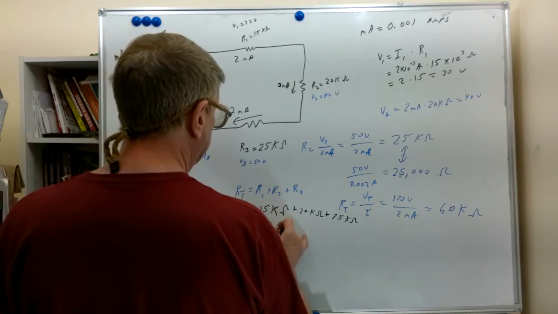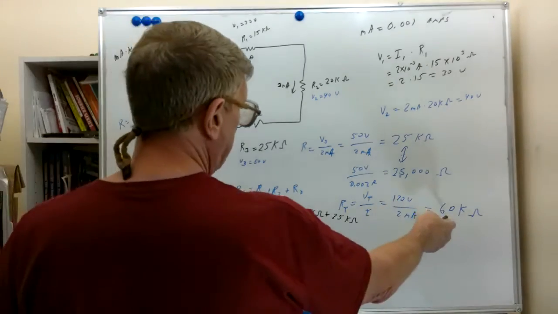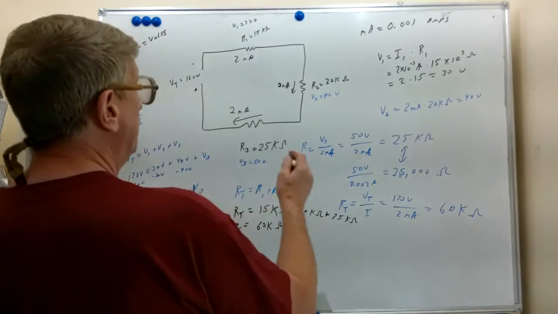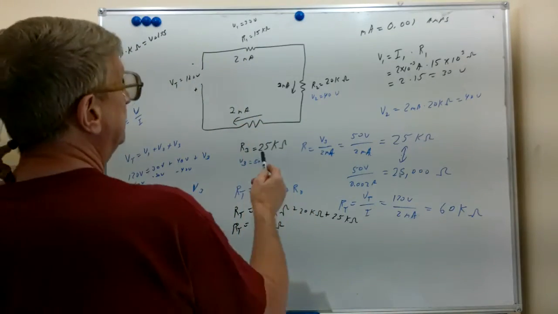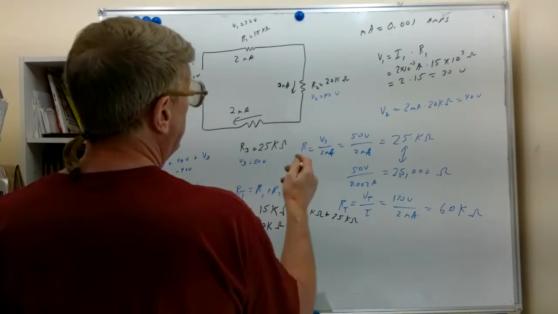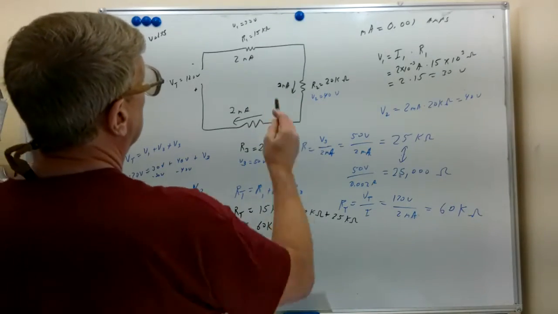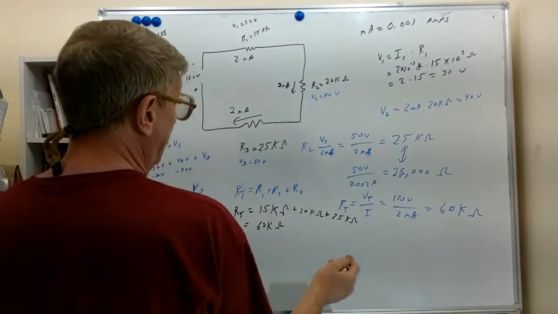So what we're showing here is that we calculated RT, we used our solved value for R3 along with the given resistances and found they added up to the same.